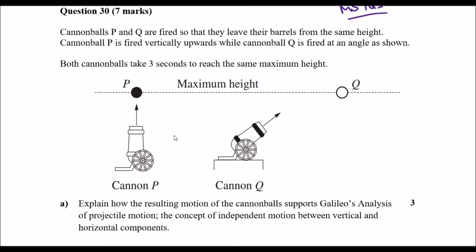So we know from Galileo that his experiment showed if an object is moving at an angle, there will be an independent vertical velocity and an independent horizontal velocity. So that's what we can talk about here.